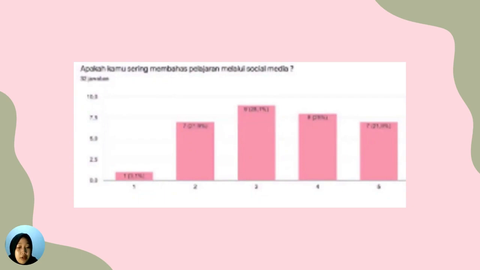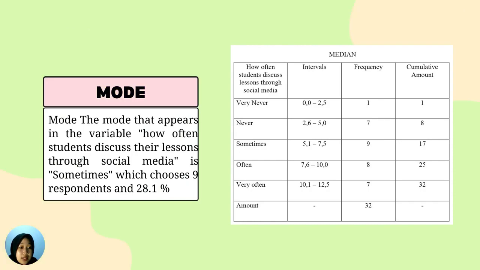And the third graphic: we get the mode appears in the variable of how often students discuss their lessons through social media, which is "sometimes". We chose 9 respondents, and we get the percentage is 28.1%.